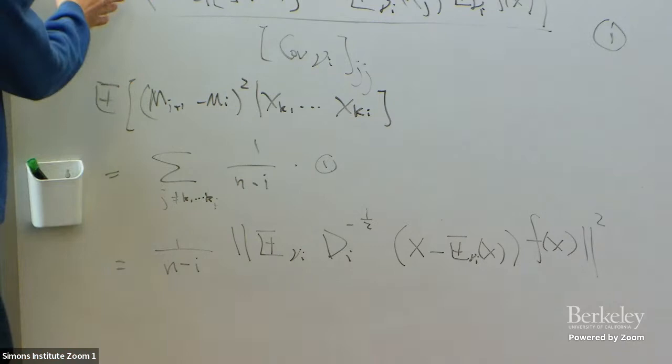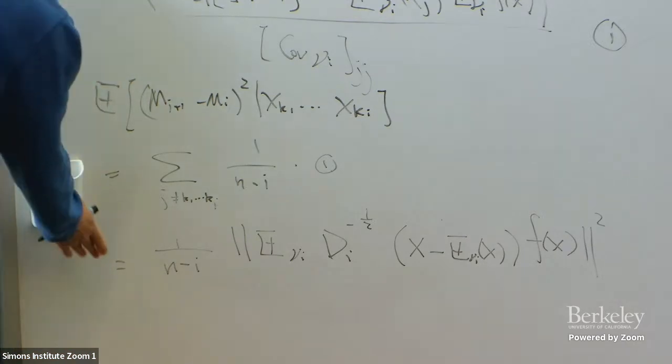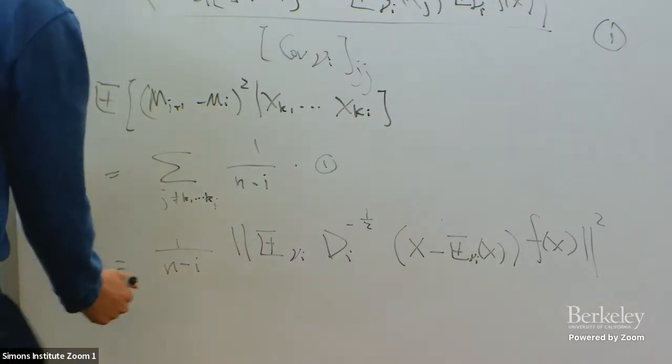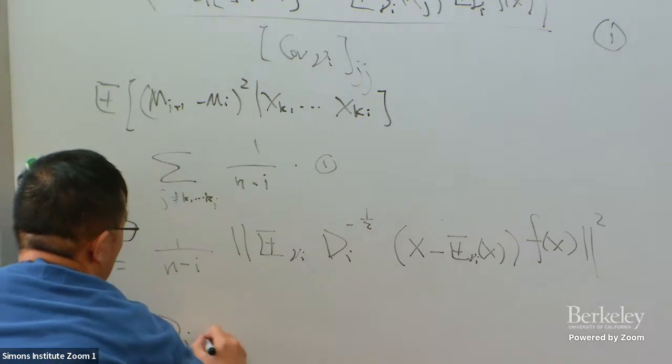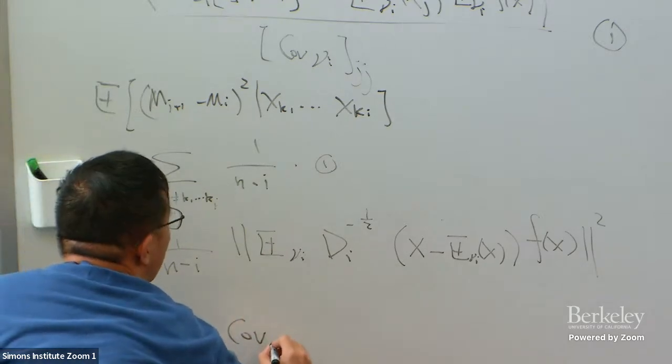When it gets here, it gets simplified a little bit, and this di is the covariance matrix of mu i.